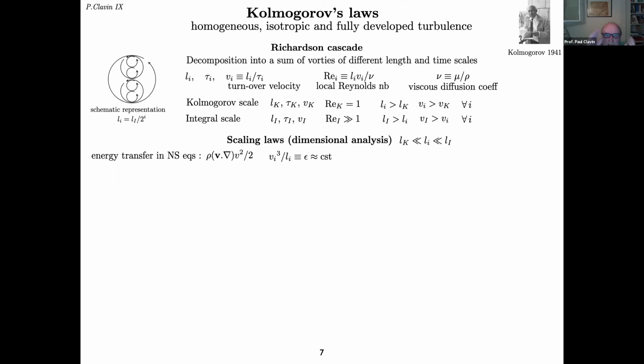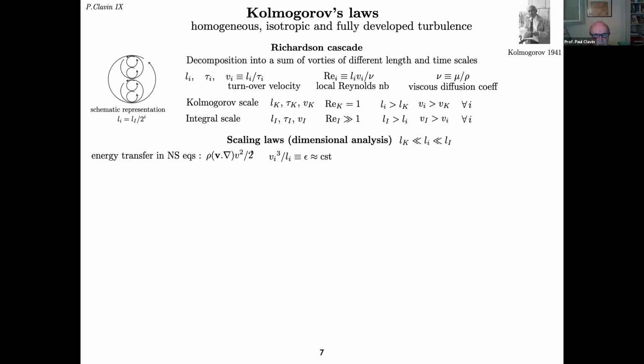I don't like to say vortices, because this picture is not very good. But let's say the transfer from large eddies to small eddies in this range, in between these two extreme lengths, is just obtained by dimensional analysis.